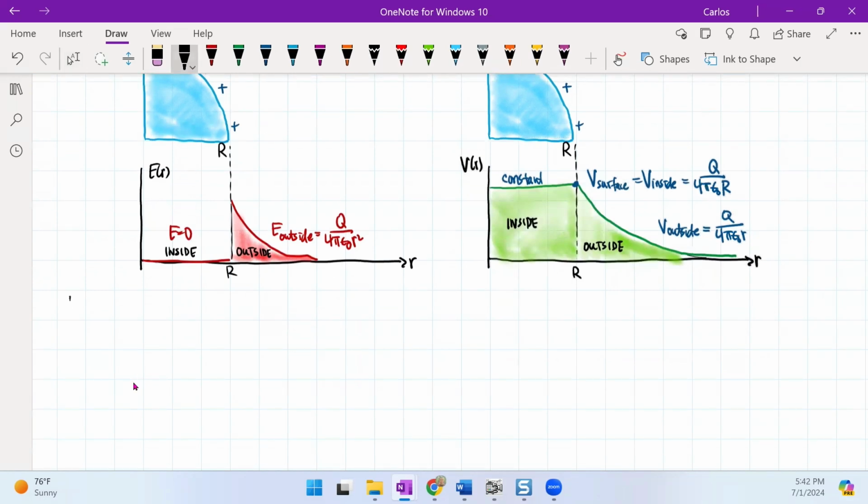Okay, so let's analyze. It's not the way you spell analyze. The potential landscape.